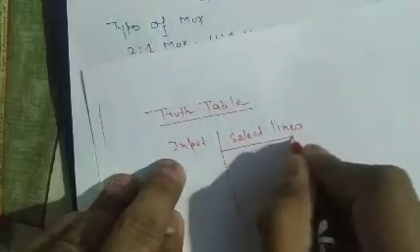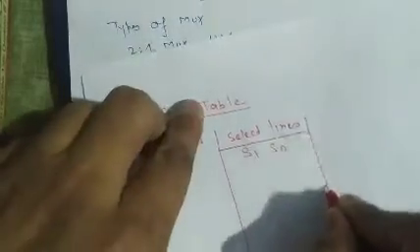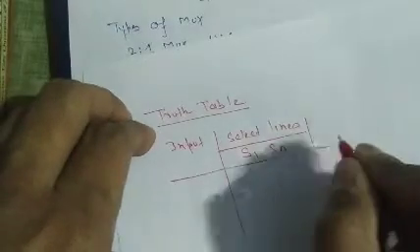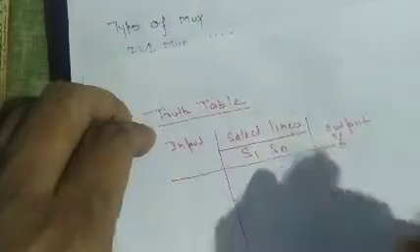How many select lines does it have? 2 select lines, S1 and S0. And output. It has only one output. Suppose I name this output Y. Now I will write the truth table completely.